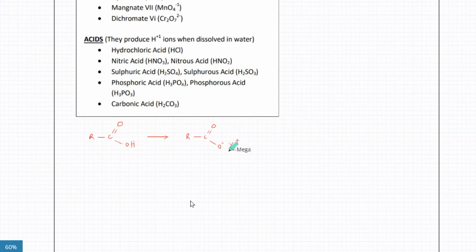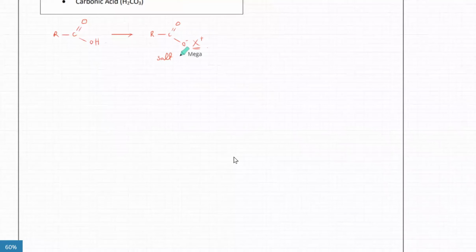We don't know what that something else is. It depends on the equation. So if it reacts with a metal, it's going to be that particular metal. If it reacts with a base, it would be the ammonium salt करना है, तो ammonium यहाँ पे आ जाएगा, ठीक है. Every time it's going to be this H that's going to be replaced by something completely different. So that is mostly what we have to study about carboxylic acids, that they are weak acids.